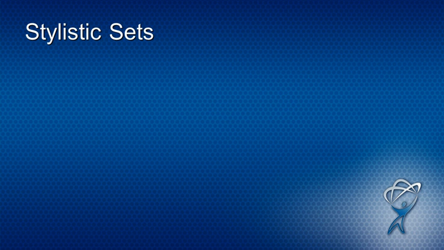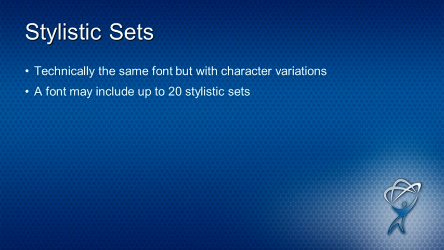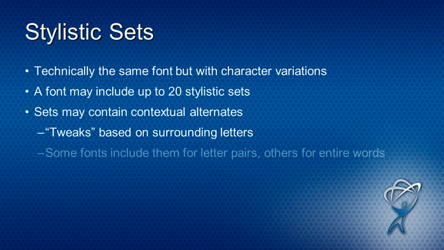The last thing that we can use that has to do with OpenType is something called Stylistic Sets, and we're actually going to use this one in our document. Technically, we have stylistic sets that include the same font, but they have variations in the characters or the way that the text is actually drawn. A font may include up to 20 stylistic sets, and sets may contain contextual alternates as well. Contextual alternates are kind of tweaks based on the surrounding letters.